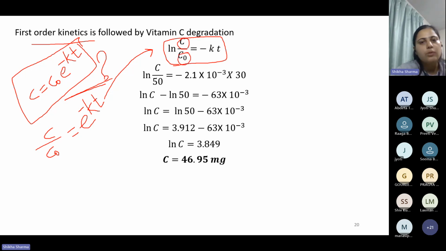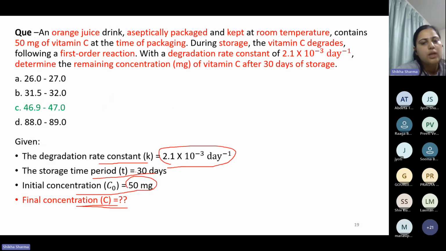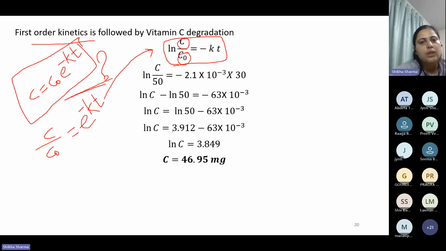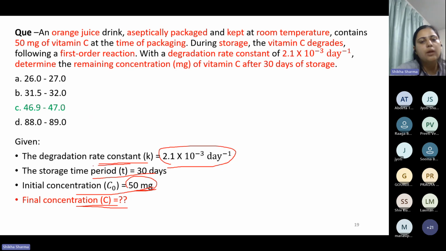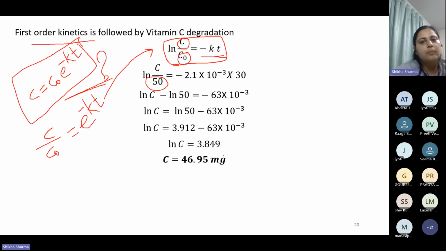So the initial concentration is given in the question as 50 mg. Here we can write ln C by 50 equals minus kT. K is the degradation rate constant, given as 2.1 into 10 to the power minus 3 per day.